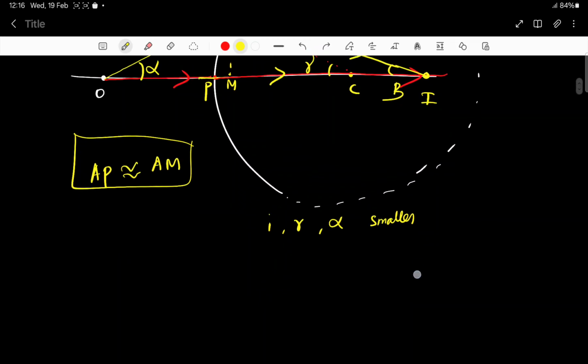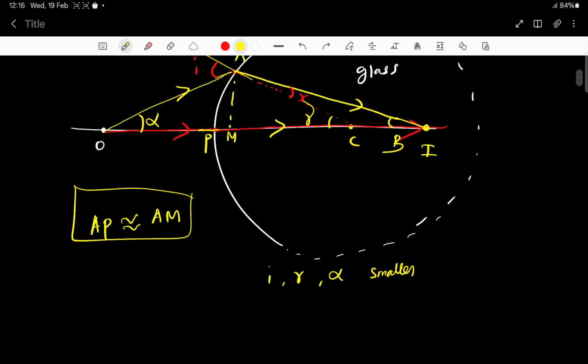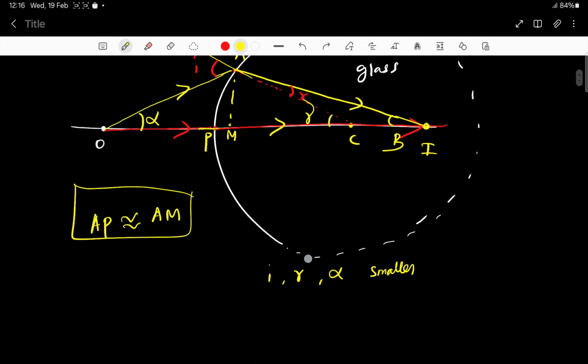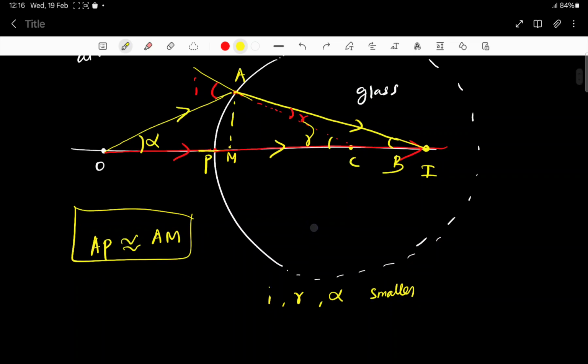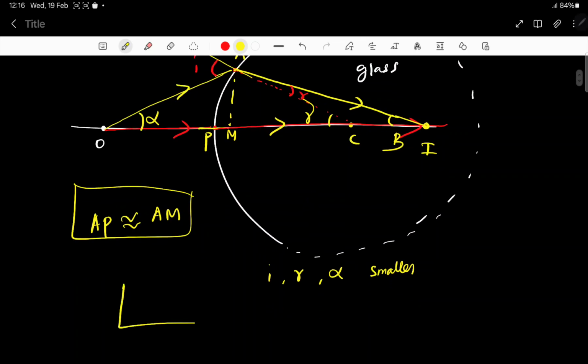Now we can try to establish the mathematical relationship between these various angles. Consider the triangle AOC.